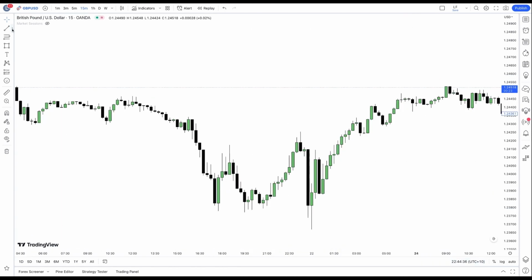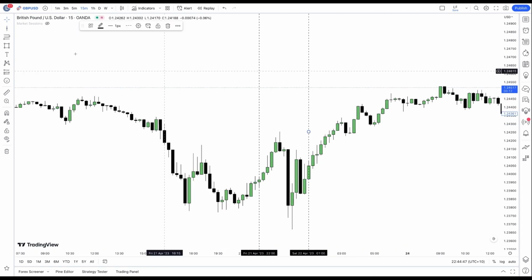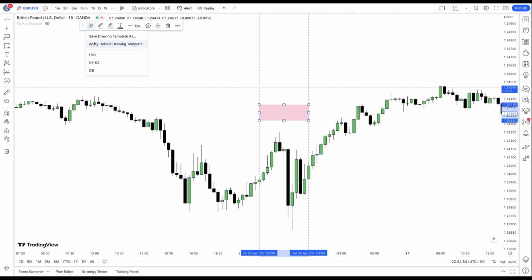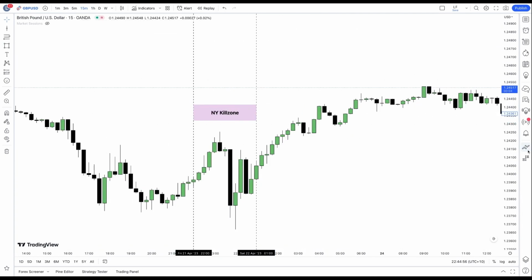So that means the New York Killzone for me would be from 10 p.m. to 1 a.m. So that for me is the New York Killzone. That's normally when I look for trade setups.